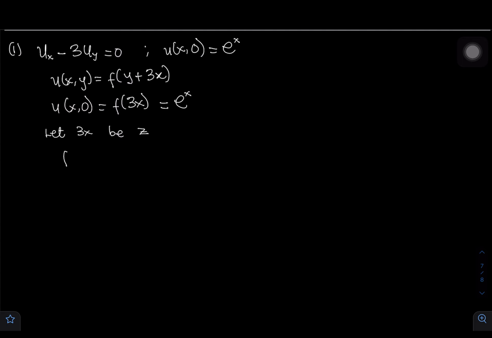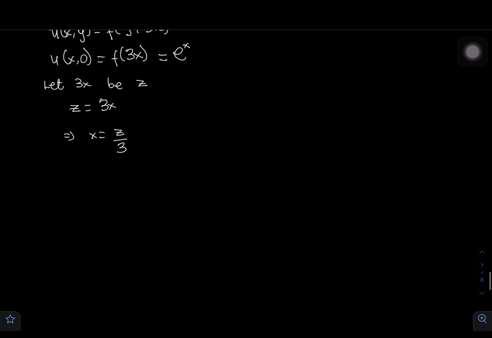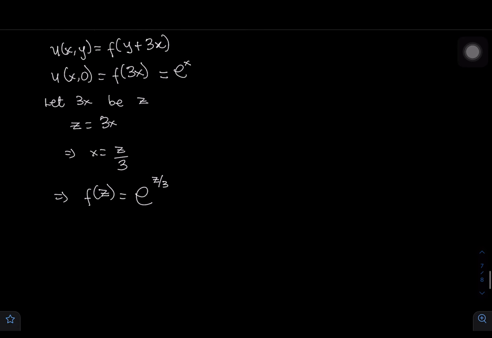Then z is equal to 3x, right? Which implies that x is going to be z divided by 3. So in actual sense, I can call f of z equal to e to the power, wherever I see x, I replace that with z, and that is what I have over here.